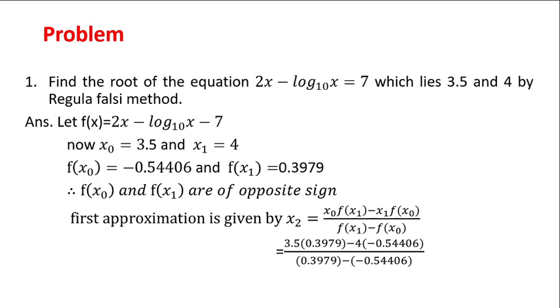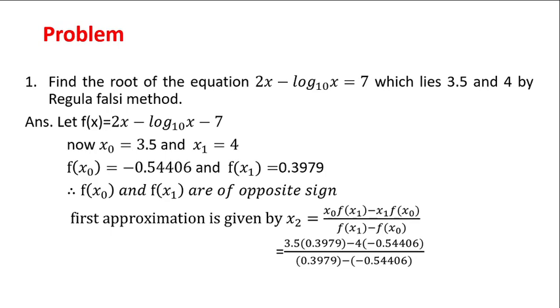Therefore, first we type the function f of x in the calculator. First we press alpha and closed bracket, we get x, into 2 minus, here we have the log base 10. Therefore, press log. Again x is there, press alpha and closed bracket, we get x value, then close the bracket, then press minus and 7.